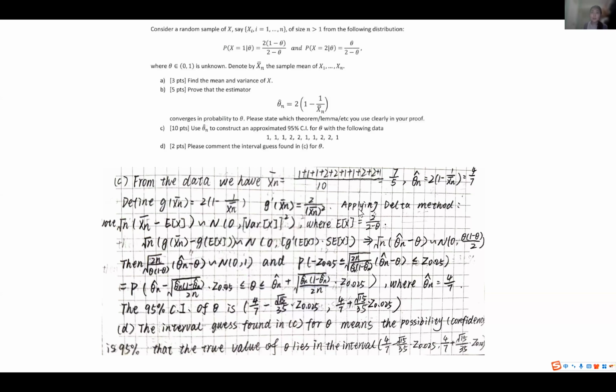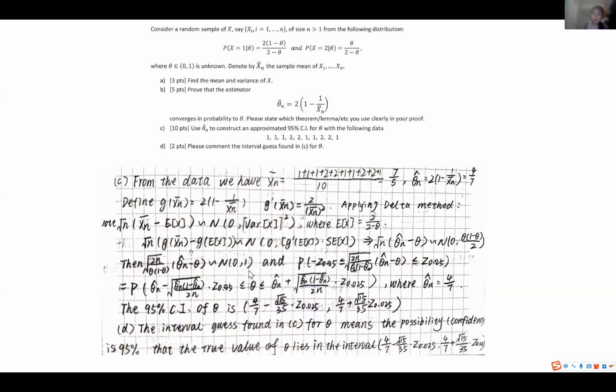And now we can apply the delta method, which is quite similar to our solution in problem 1A, right? So we also have this equation where the mean E[X] equals this. So applying the delta method we mentioned before, we got this.